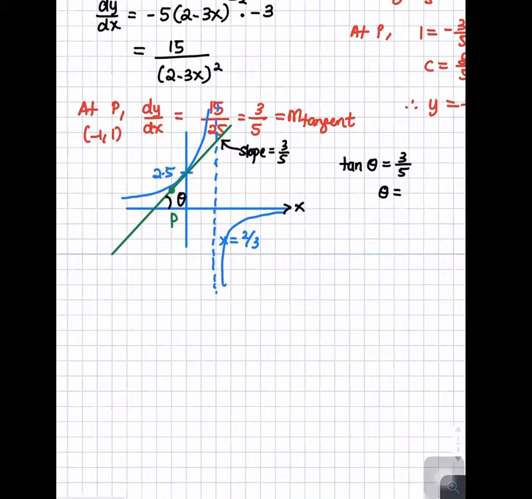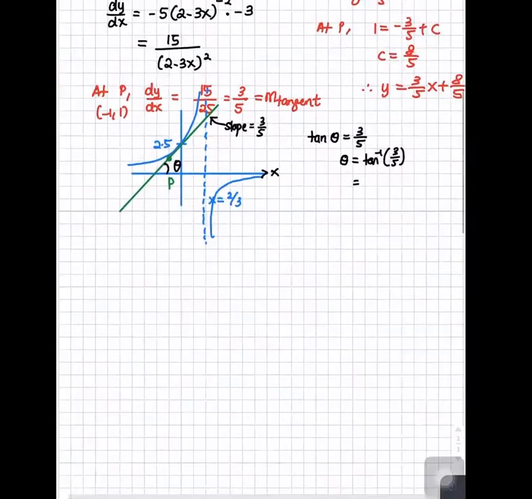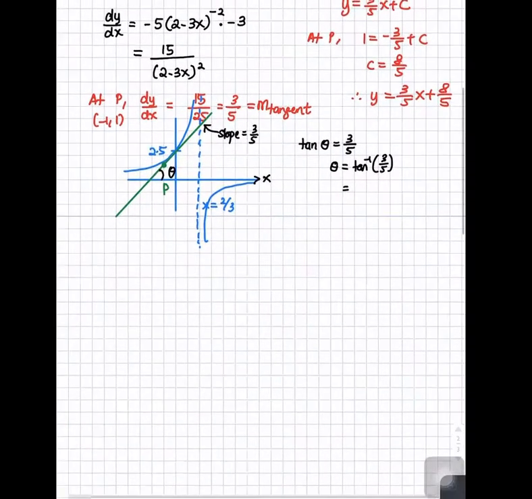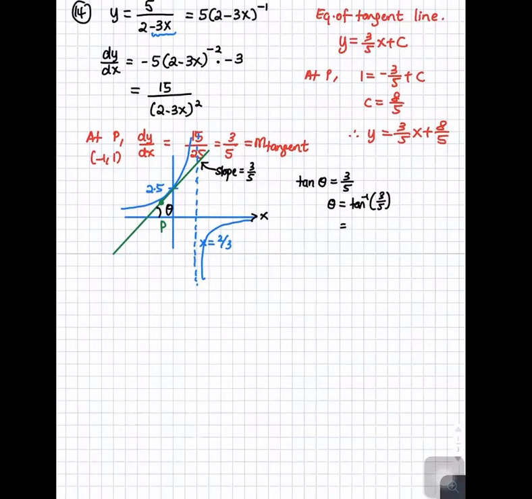So just do tangent inverse 3 over 5. Can somebody share the answer? Annabelle, if you know the answer, can you share it with me? Or someone who already got the answer?